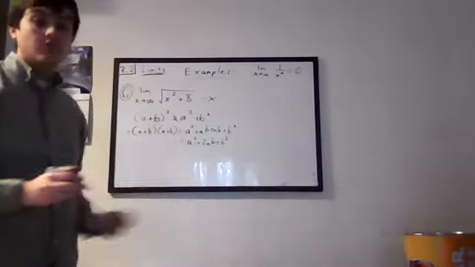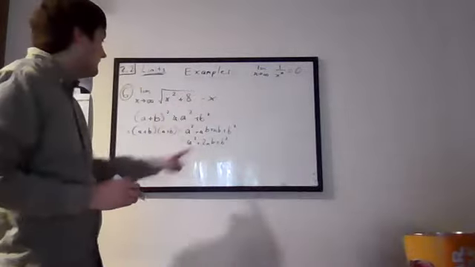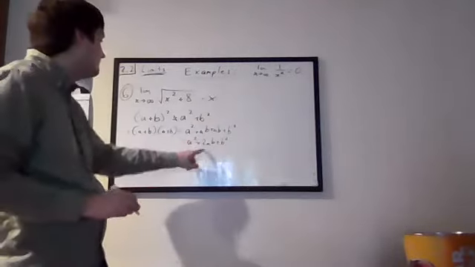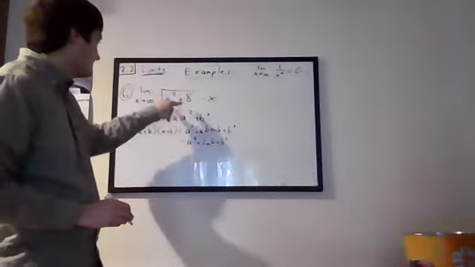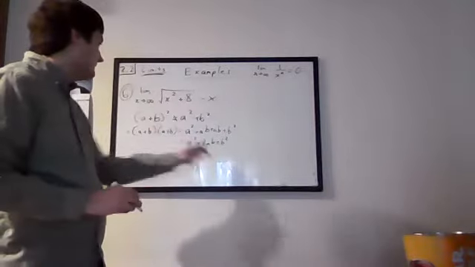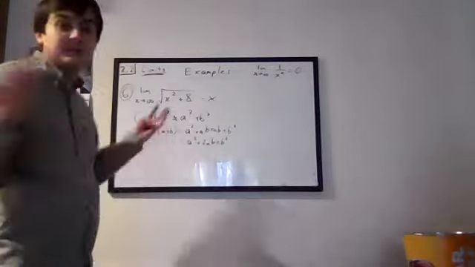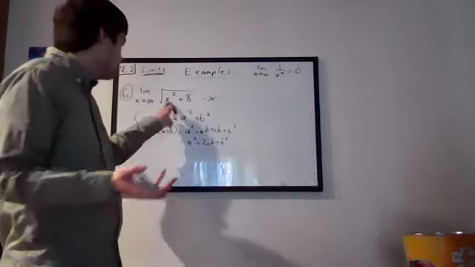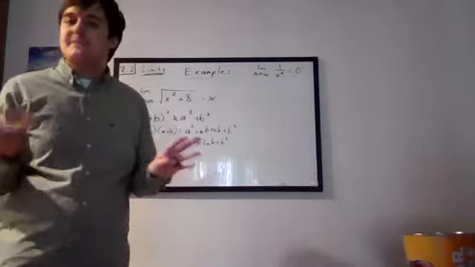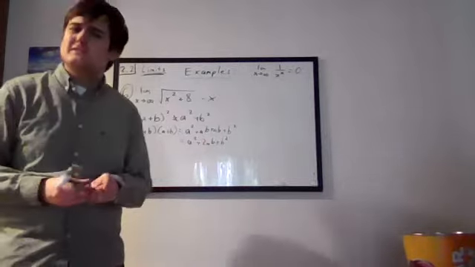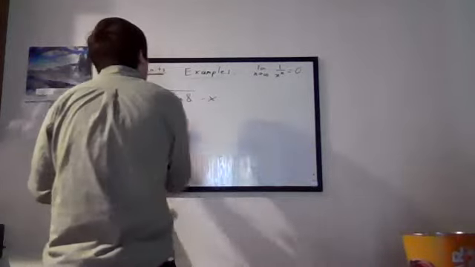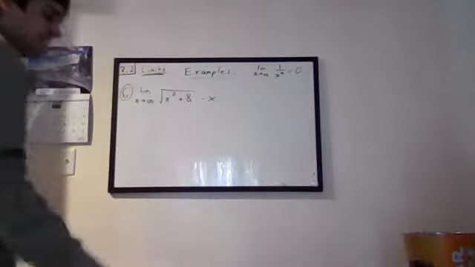If we just tried to square that thing, we're still going to be left with this 2ab term, which means I'm going to have 2 times the square root of x squared plus 8 times x, which just made things worse, actually, because even though these squares take care of the square root, not so much in that middle term. So that's not necessarily what we want to do.